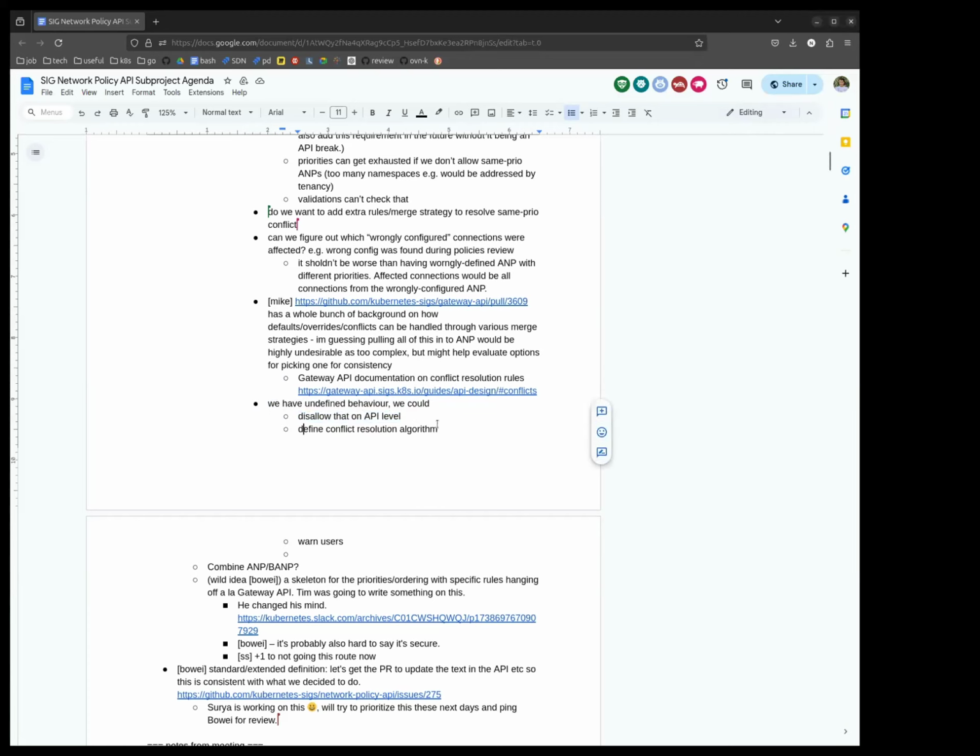We could define that extra conflict resolution algorithm, like a merge strategy, or use whatever was created first, or some other algorithm. And we could warn users about this happening, saying, only do that if you're really, really sure in what you're doing. Are these all the options that we've basically been discussing, or is there something I'm missing?